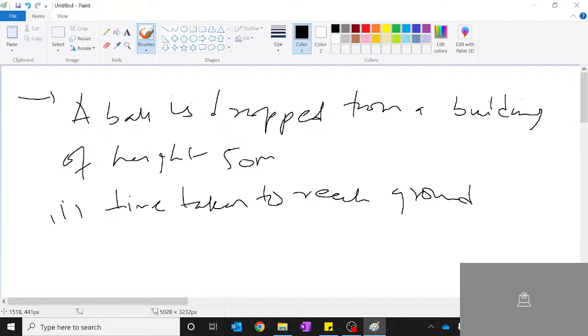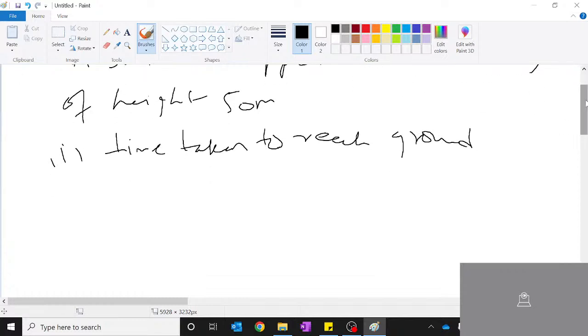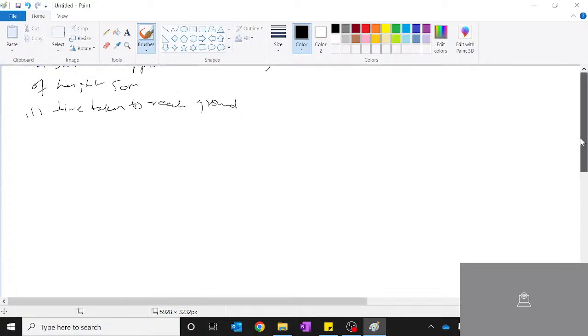Earlier the ball was thrown upwards and you were supposed to find the maximum height to which the ball travels, and here it is the exact opposite. You've dropped a ball down from a building or tower of height, say, 50 meters.